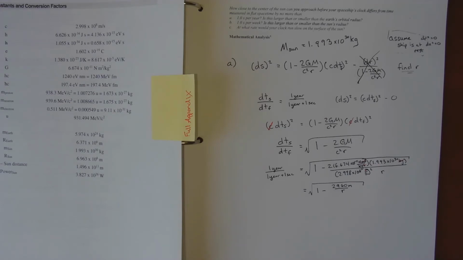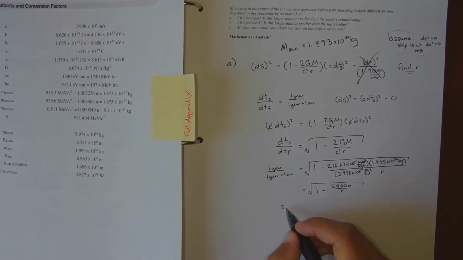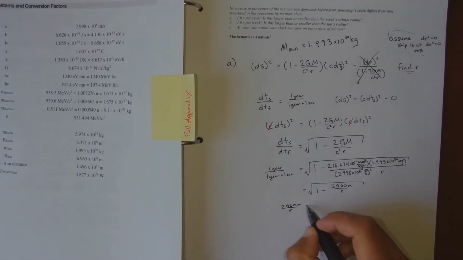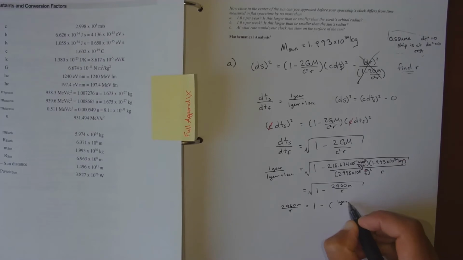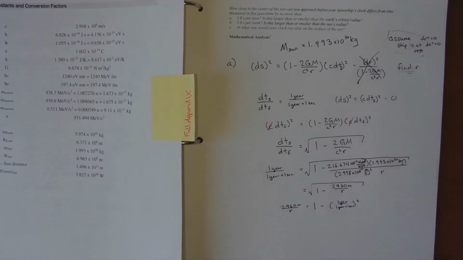So now we get to do a little bit of algebra to solve for r. So we're going to square both sides, and then I move this over to this side, and then 1 year divided by 1 year plus 1 second over to the other side. So I get 2,960 meters divided by r is equal to 1 minus 1 year over 1 year plus 1 second, squared.